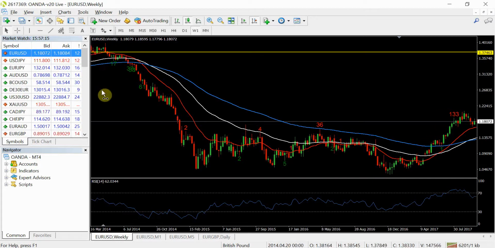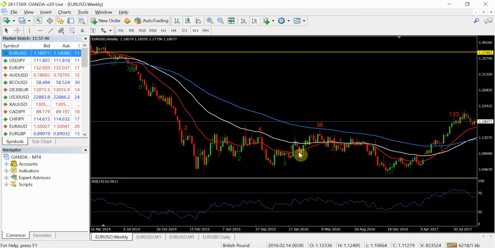As you can see, we are in a downtrend. It goes down, pulls back to here, kind of a rejection over here, and we get another pin bar rejecting the 50 period moving average, and price then continues to go down, but doesn't really make a lower low to a certain extent.